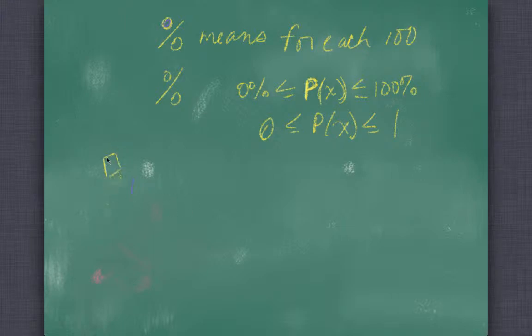So if I have a die like this, when I roll it, the probability of getting 1, 2, 3, 4, 5, or 6, these are all equal. So they're called equally likely events.